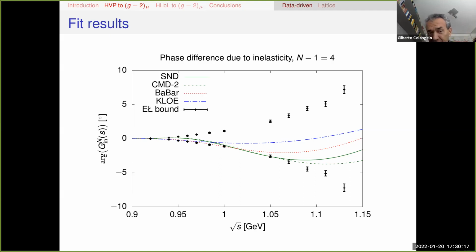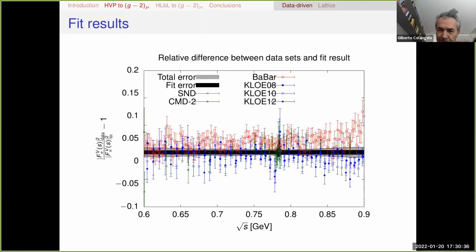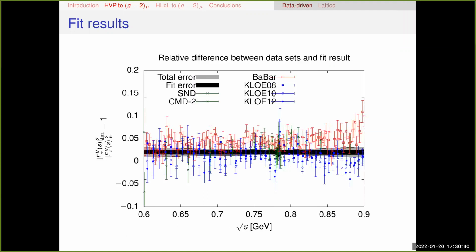So this inelastic contribution, the Omnès inelastic, is constrained to be smooth and small. The difference from one is small if you go below 1 GeV. And here is a normalizer.